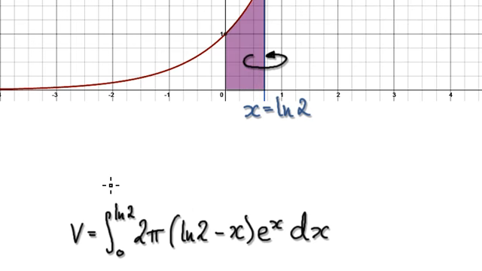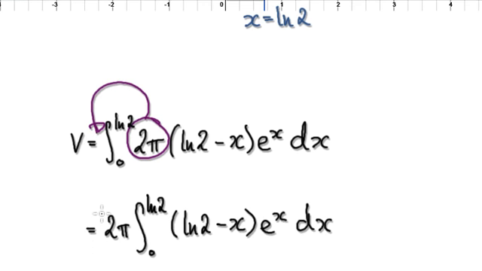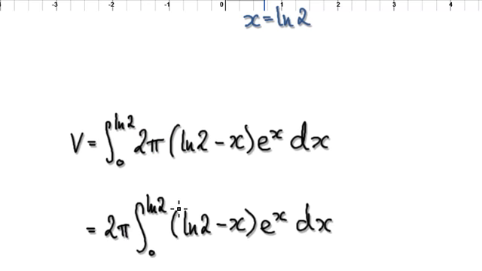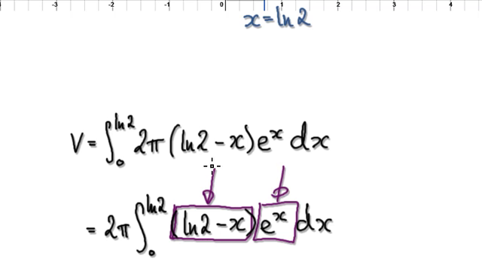Okay. So now it's just a matter of integrating this. This here is a constant, so take it out. That will then give you this. Looking at this, by now you should be able to recognize that you should use integration by parts, because if you differentiate this, it will become simpler and simpler. This thing stays the same, but you should make this your u and this your v prime.